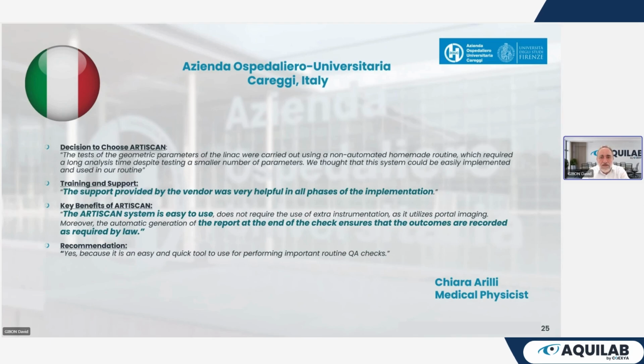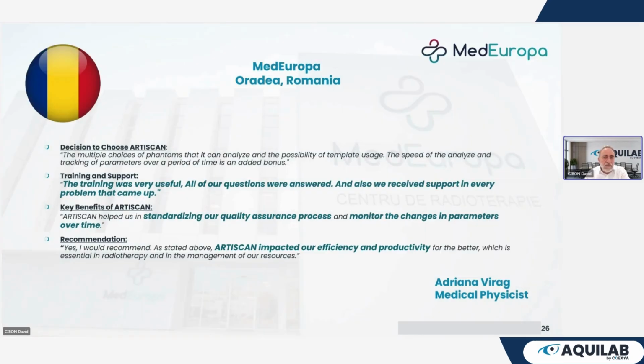One is coming from Italy, from a hospital in Firenze, where they have used ARTISCAN software for many years now, and it was very important to note that they were very happy with the support provided by Aquilab, which is important to begin this QA process, and to see that the system is then easy to use for them.